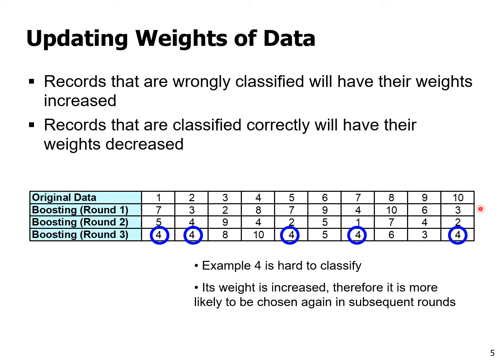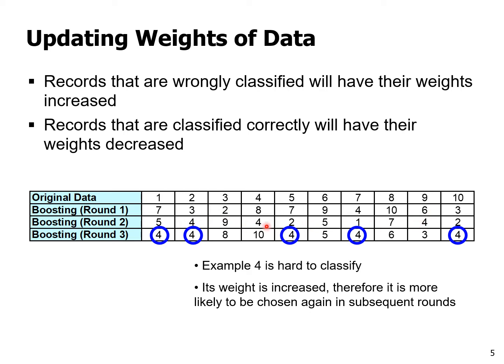Suppose this data 4 is misclassified, not correctly classified. Then in the next round, you increase the weight of this data 4. If a certain data is misclassified, you increase the weight value of this data. Because of that, in the next round, you see more of data 4.